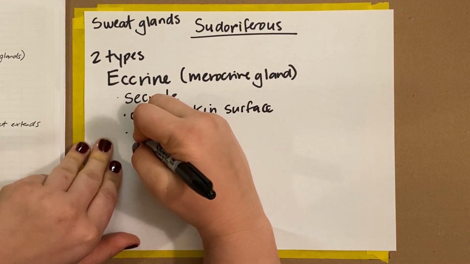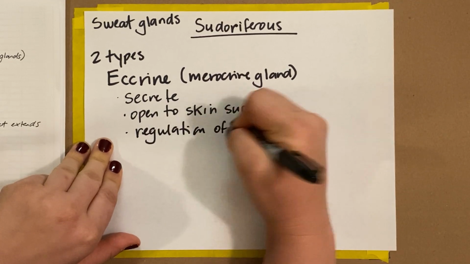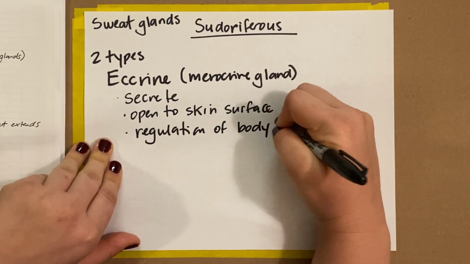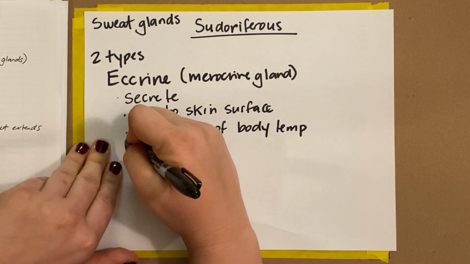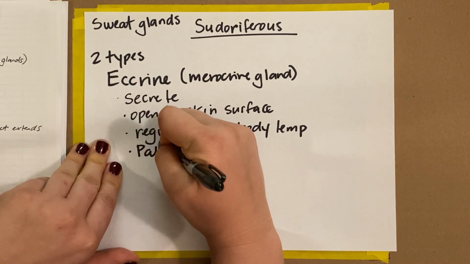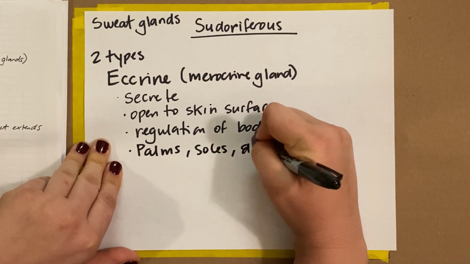They are important in regulation of body temperature. You find these mainly on your palms, soles, and forehead.